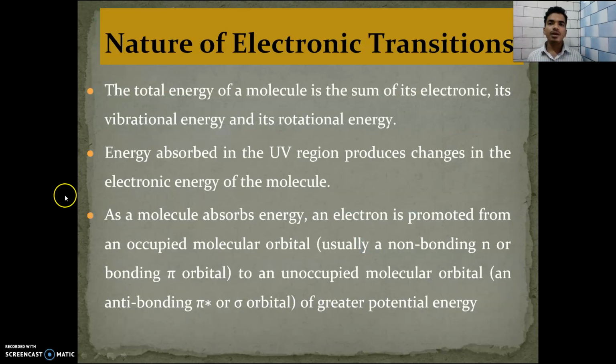Then the nature of electronic transition. We already know there is a transition which takes place in the principle of UV visible radiation. So we want to know what types of electronic transitions there are. The total energy of the molecule is the sum of its electronic, vibrational and rotational energy. So what is happening in this case?